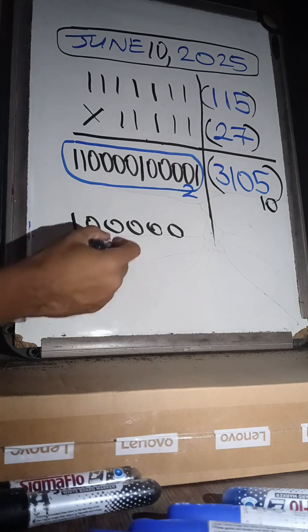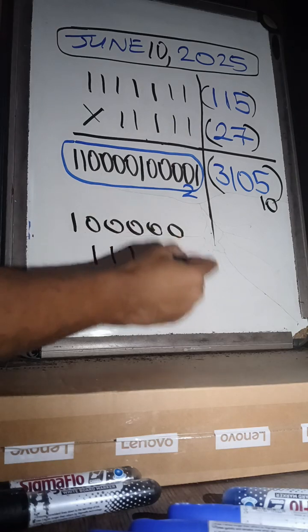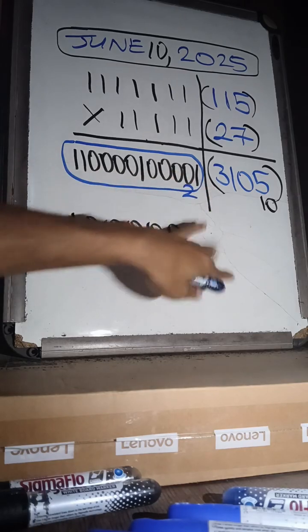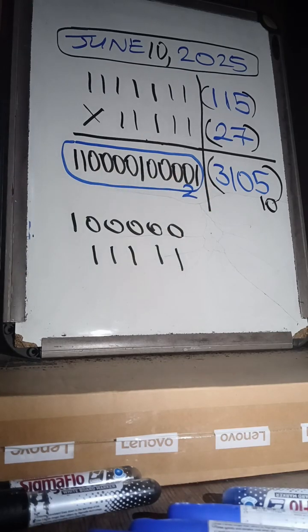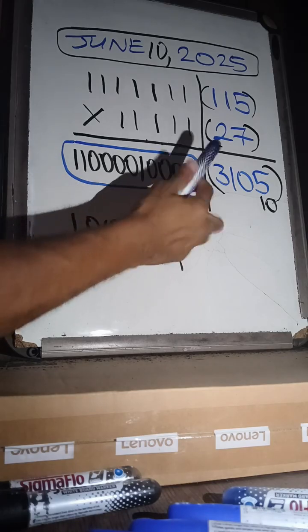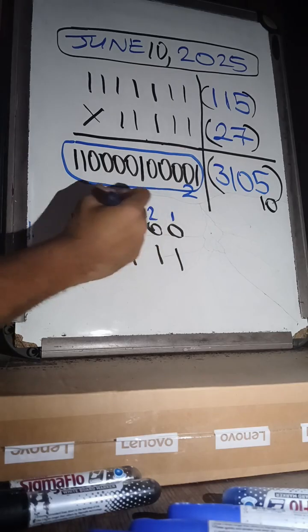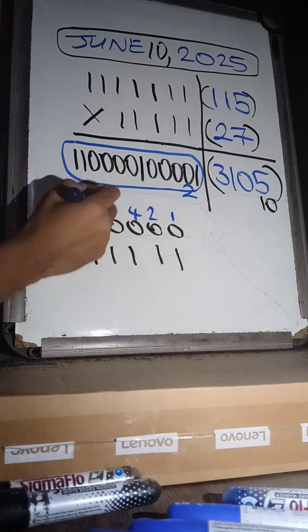So if I add 1 to this number, I end up with this one up here. So if I know what this number is, I know what this one is, right? So let me see. This is 1, 2, 4, 8, 16.